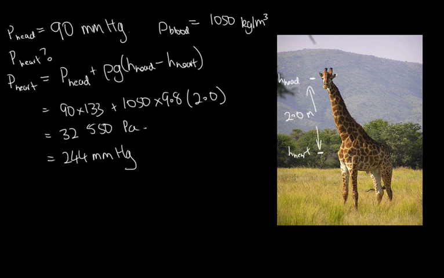When the giraffe lowers its head, its heart rate actually decreases to decrease its pressure. It also has one-way valves in its veins, so these let blood flow in this direction but not in this direction, and that stops all the blood pooling in its head when it lowers its head for a drink.